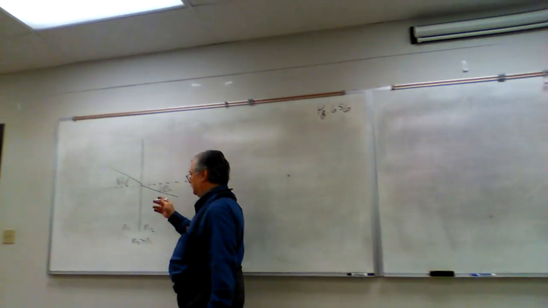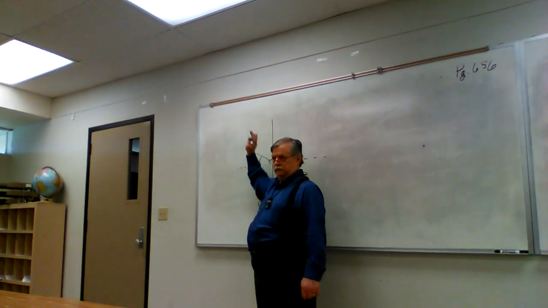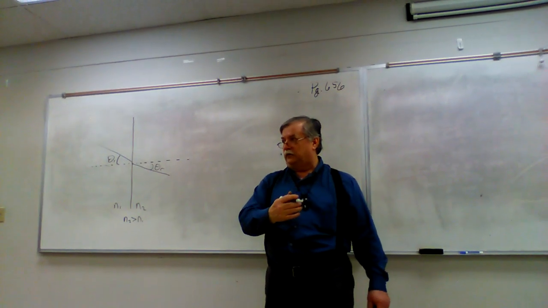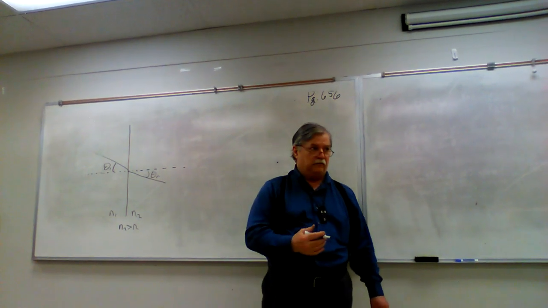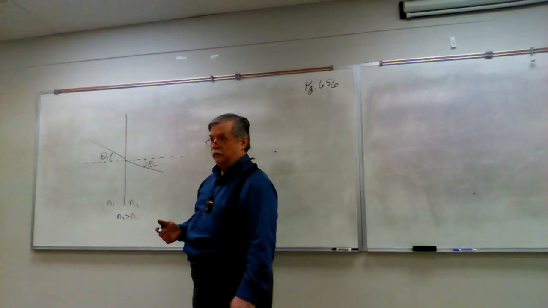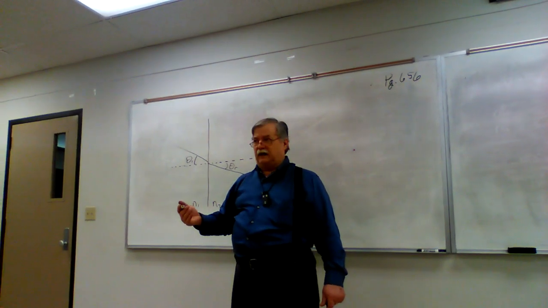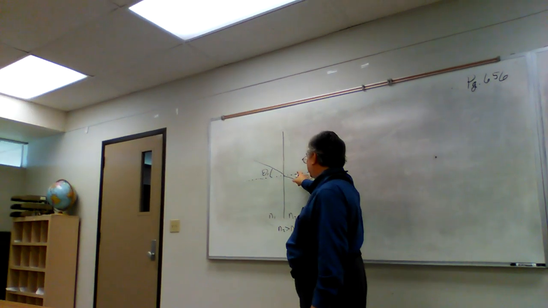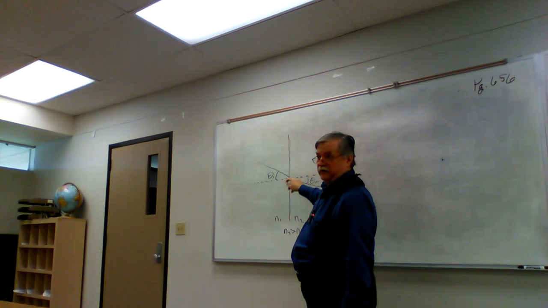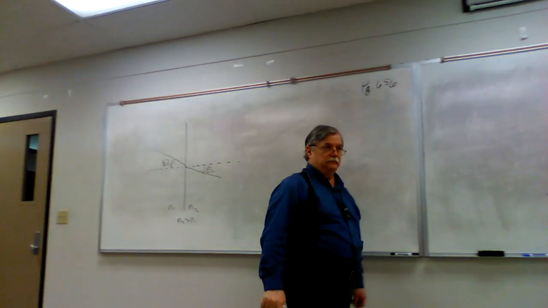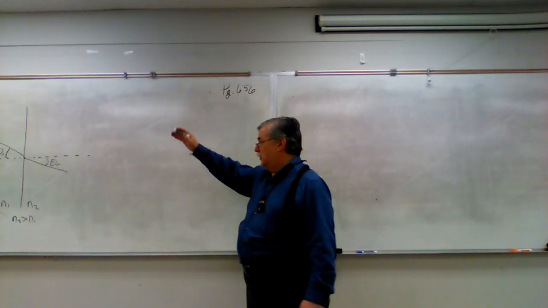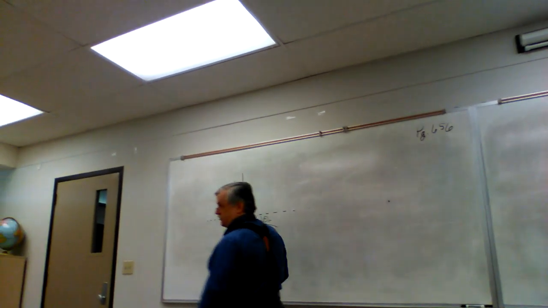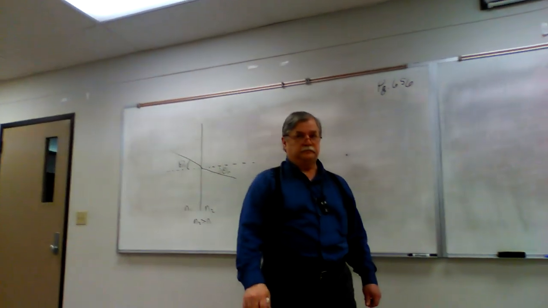We're measuring relative to the normal, not relative to the surface. So whenever it's perfectly perpendicular to the surface, the angle theta is 0, and sine of 0 is 0, which means there's going to be 0 angle of refraction. So once you bring that down perfectly normal to the surface, the light will just pass straight through without bending.